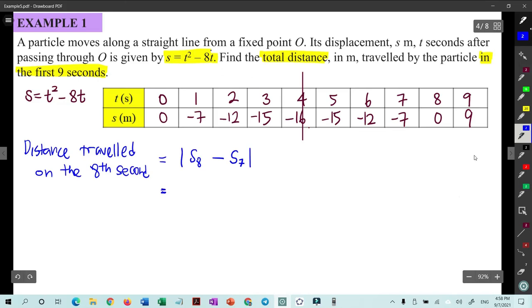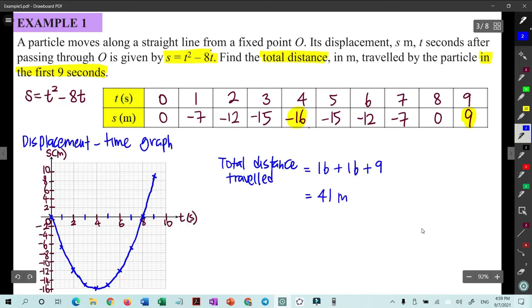The reason we put the modulus is in case you get a negative value, the final answer is still a positive value, because distance is a scalar quantity. In this case, modulus of 0 minus negative 7, we get modulus 7, and the final answer is 7 meters.